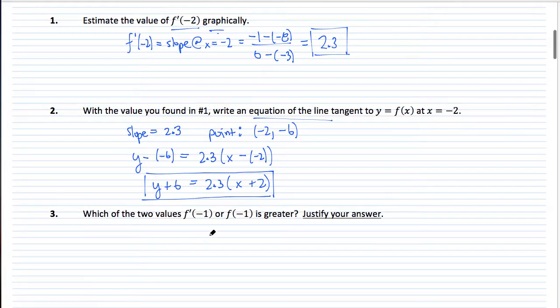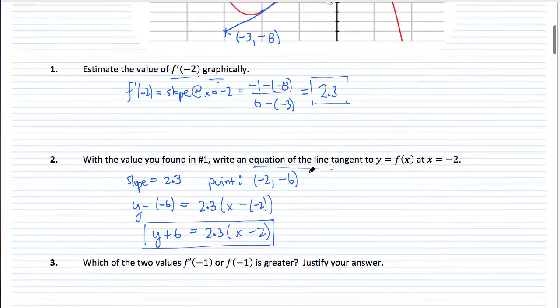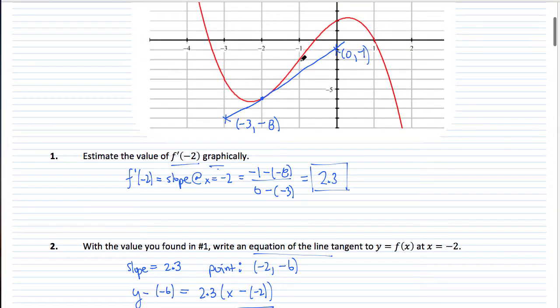Now, number 3 asks us which is greater, the slope or the derivative at x equals negative 1, or the value at x equals negative 1. Looking at our graph, we have a couple things going on. I'm going to change colors for this question. At x equals negative 1, the value, f of negative 1, is equal to negative 2.